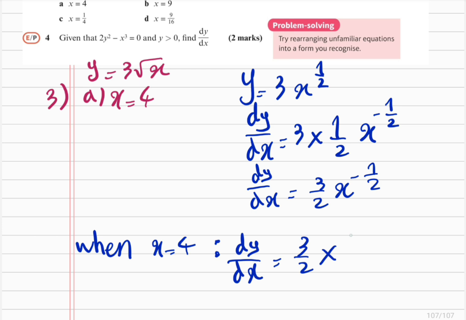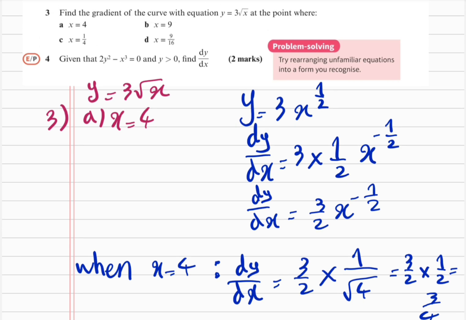So we can write x to the power of minus a half as 1 over root x, and obviously we want to substitute 4 into x, so we can just write 4 like this, and this gives us 3 over 2 times 1 over 2, which is 3 over 4. Therefore the gradient of this curve at the point x is equal to 4 is 3 over 4.